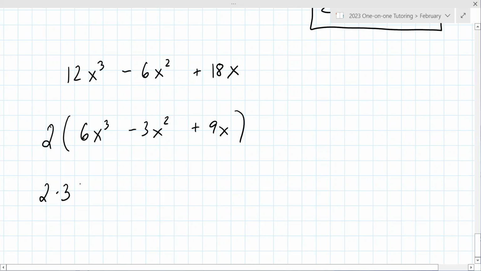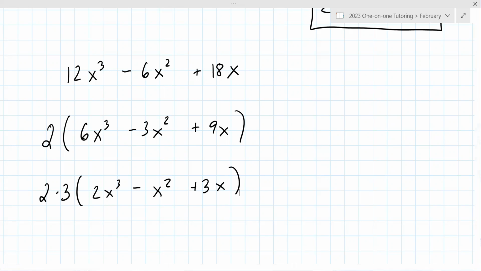So you can actually bring the 3 out, and now it's 2x cubed minus x squared plus 3x. And the point is that if you don't know the GCF, or you get it partially right, you can then keep going. It's not like an all or nothing deal.